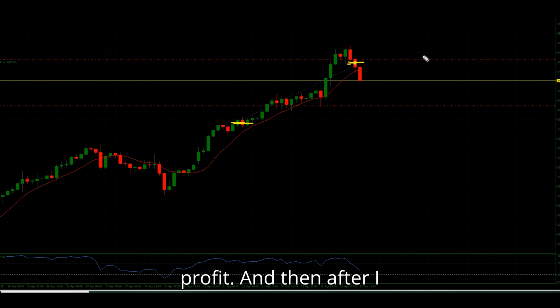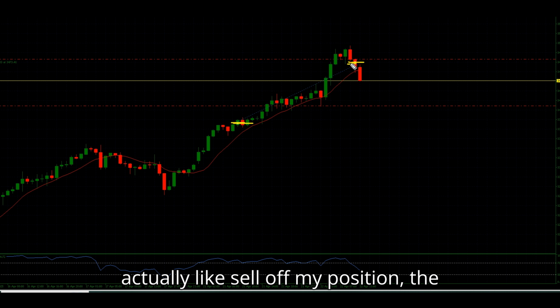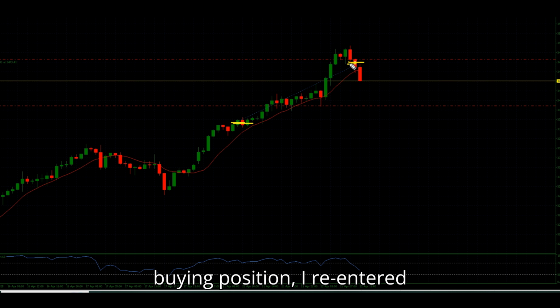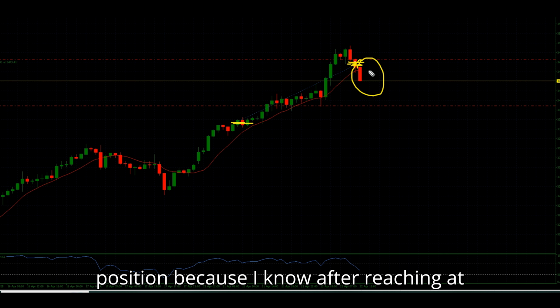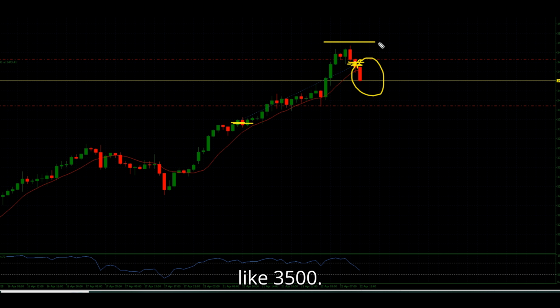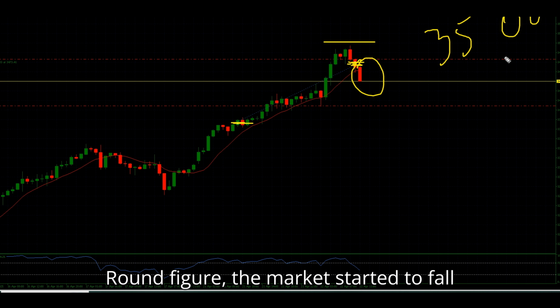After I sold off my buying position, I re-entered here with a selling position, because after reaching the round figure of 3,500, the market started to fall.